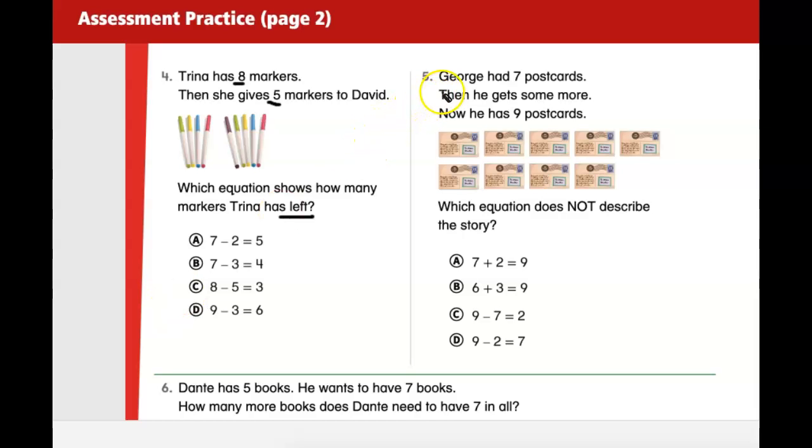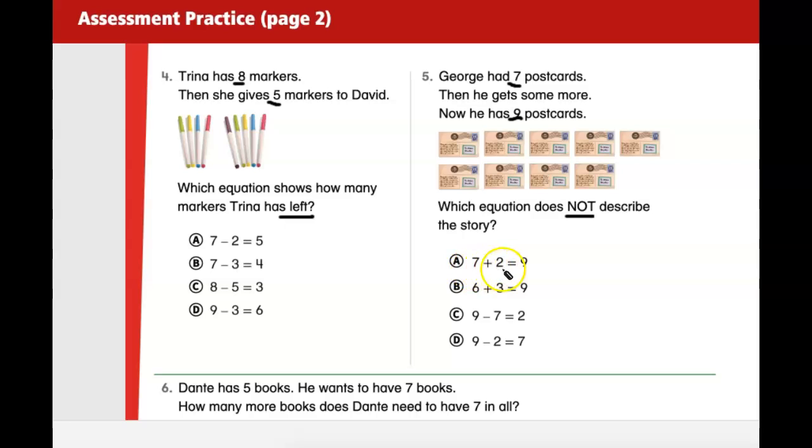Number 5 says George had 7 postcards. Then he gets some more. Now he has 9 postcards. This is very important down here. Which equation does not describe the story? So which of these equations does not solve a story.